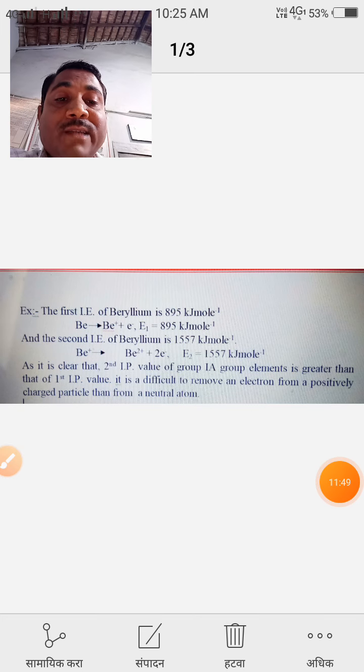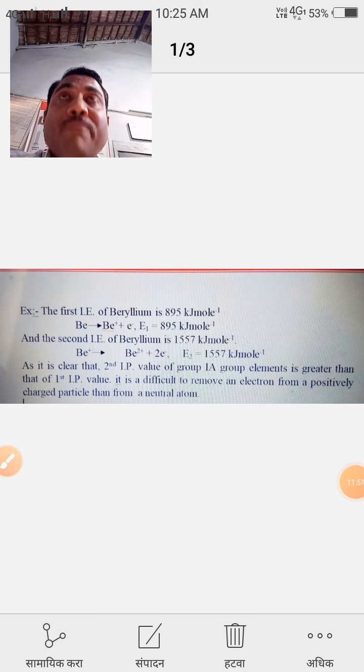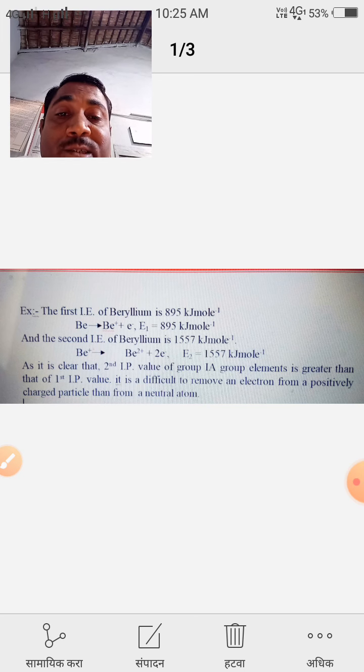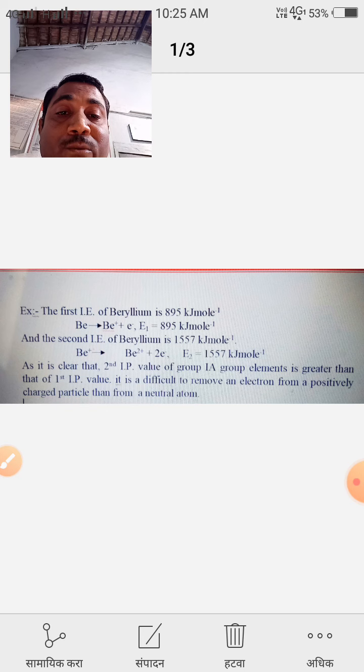Here is one example. The first ionization energy of beryllium is 895 kilojoule per mole. Beryllium changes to beryllium positive ion plus electron; the first ionization potential is 895 kilojoule per mole.